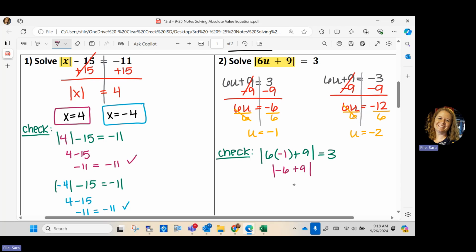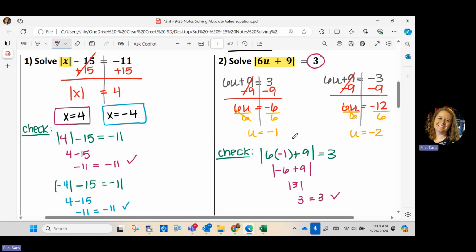Negative 6 plus 9 is 3. What is the absolute value of 3? It's positive 3. When we take the absolute value, it's always positive. So that is 3. It checks out. That came out to 3, which was what it was supposed to come out to up here.